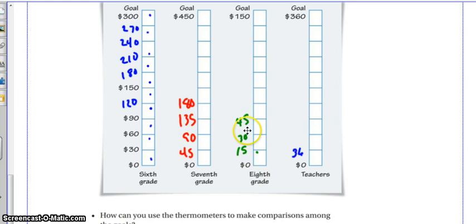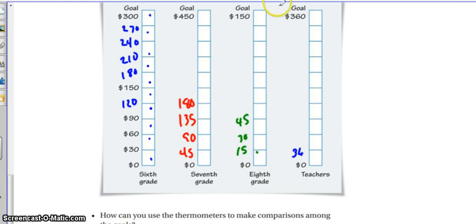So let's start. I'm going to do the 8th grade goal first, because counting by 15s is a little bit easier than counting by 45s, although every other line here would be a multiple of 90. So 45, then 60, then 75, plus 15 is 90, plus 15 more is 105, plus 15 more is 120, plus 15 more would be 135, and so on up to 150.